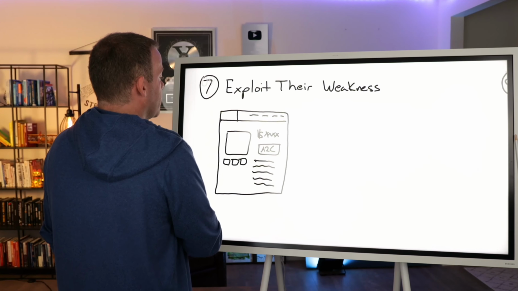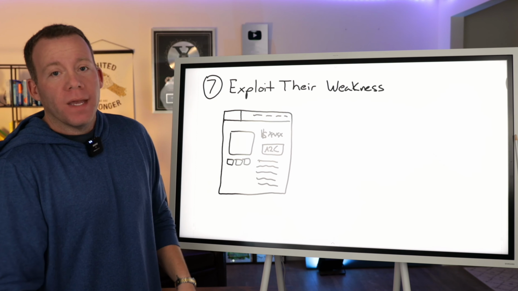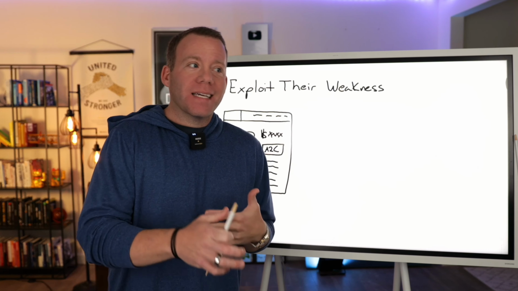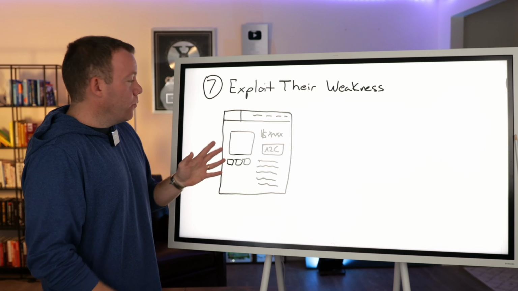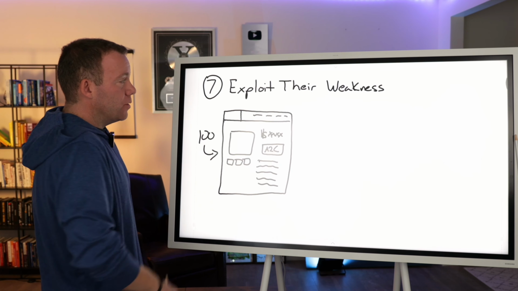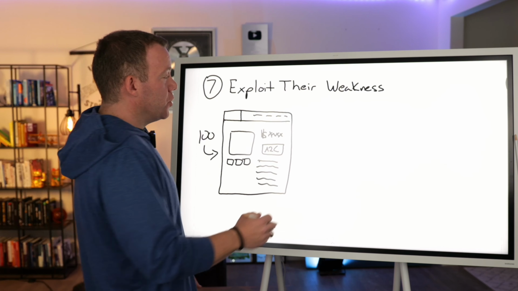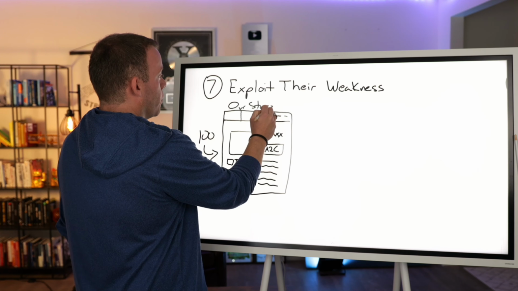So let's move on to number 7, which is what I call exploit their weakness. Now, this is kind of similar to the last one, but it goes much deeper than that, right? Because again, we have those 100 people and they are going to our product page. And again, because we're going to have competition, and I'll just put here, our store, if you're watching the video version of this.